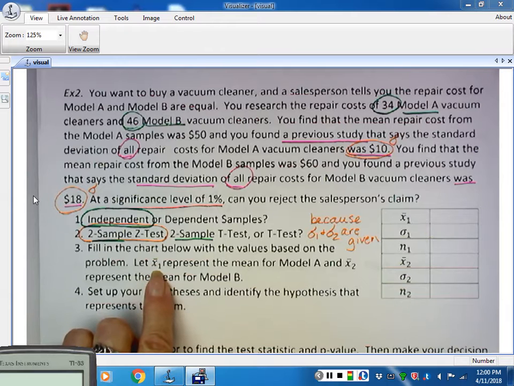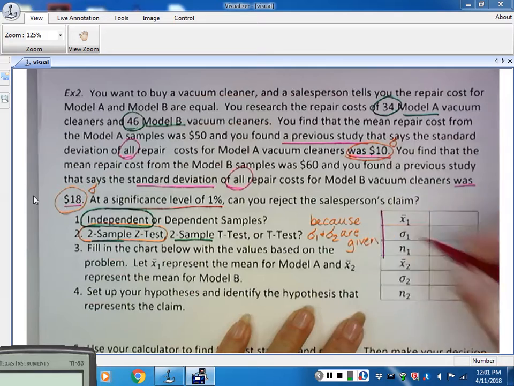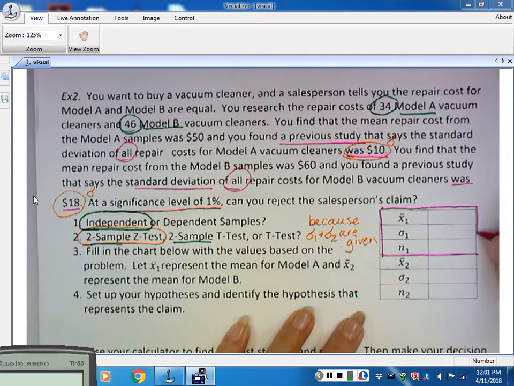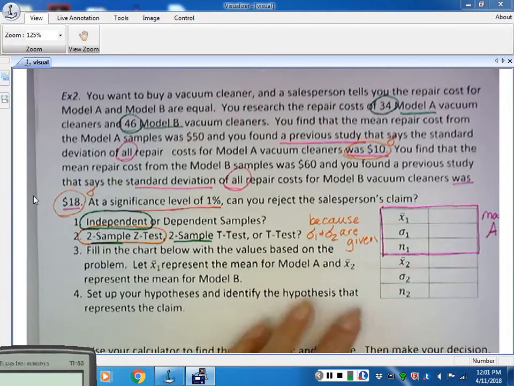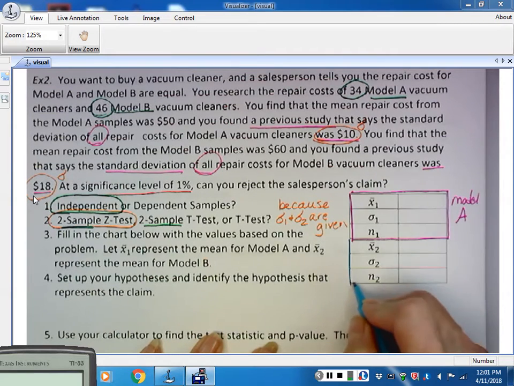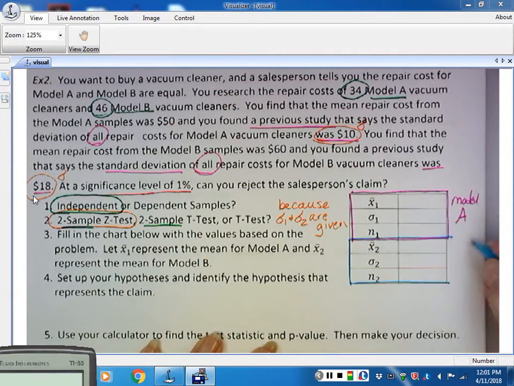So we're going to fill in the chart that we have here. X bar 1, in fact everything sub 1, is going to represent Model A. And then X bar 2, and so is sigma 2 and N2, is going to represent Model B. It's not because it has to be that way.